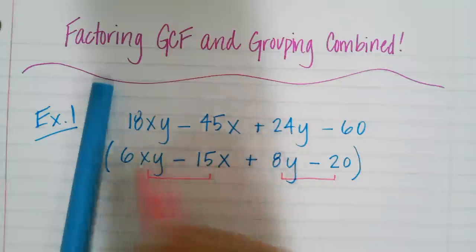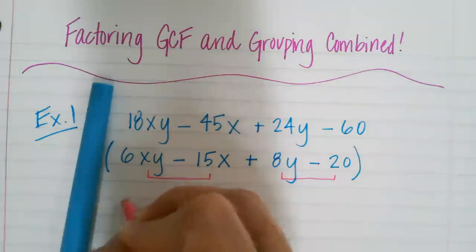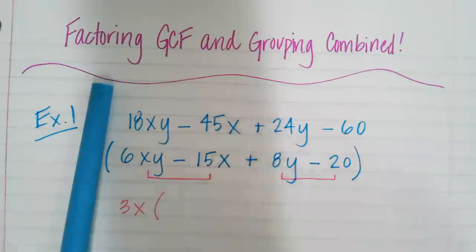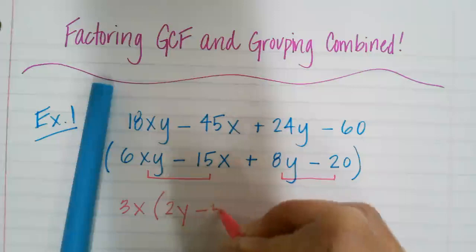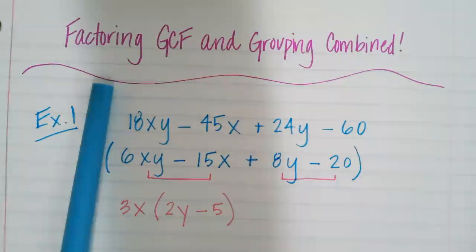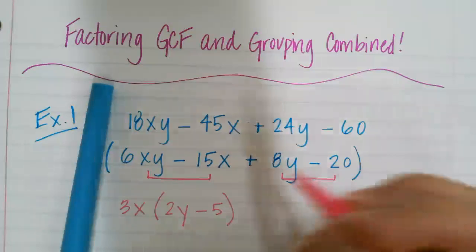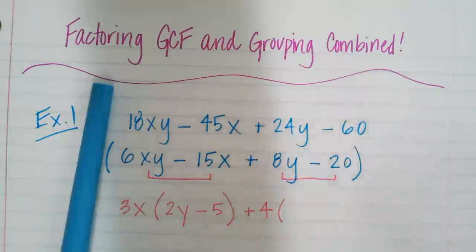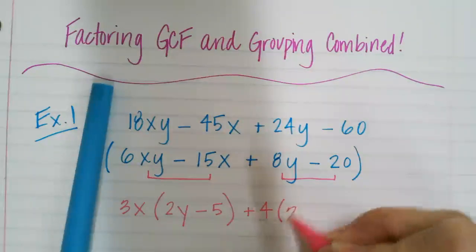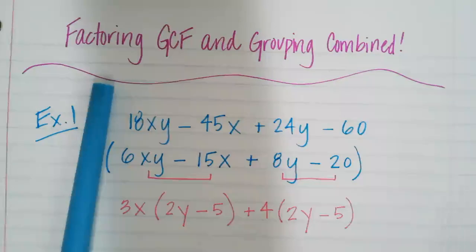Out of these 2, there is a GCF of 3x, which would leave 2y minus 5. Out of this group, they have a greatest common factor of 4, which will leave 2y minus 5.